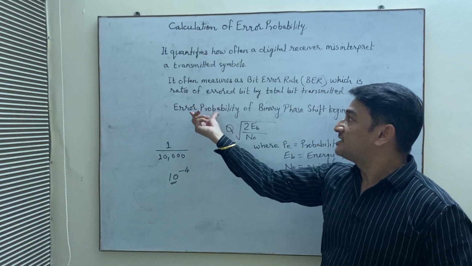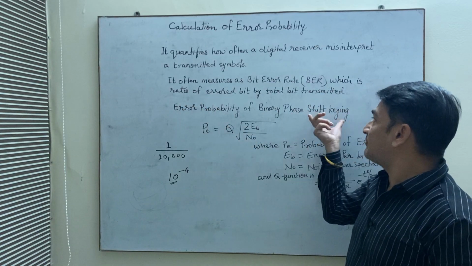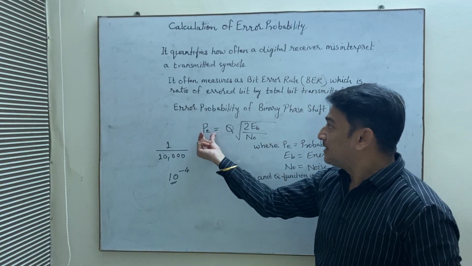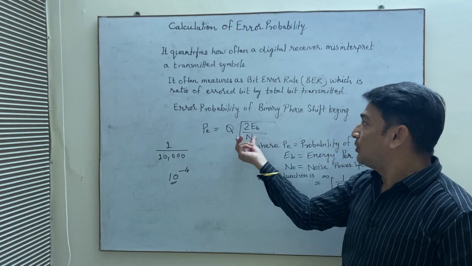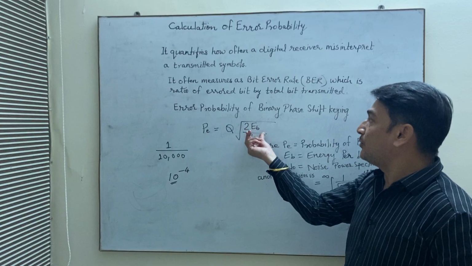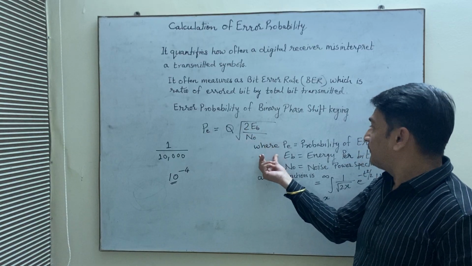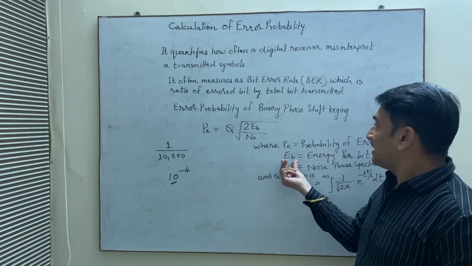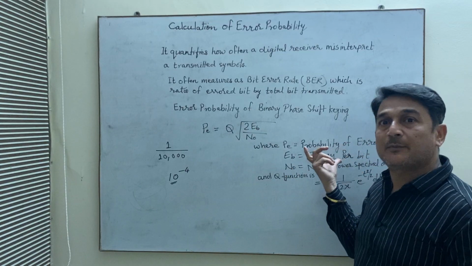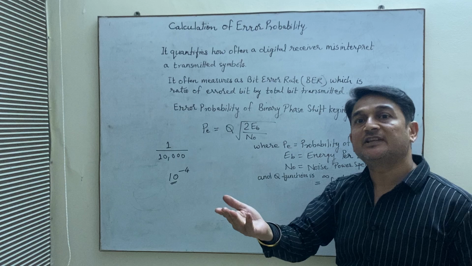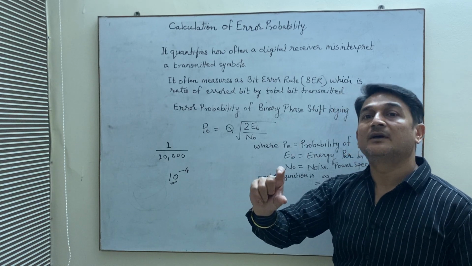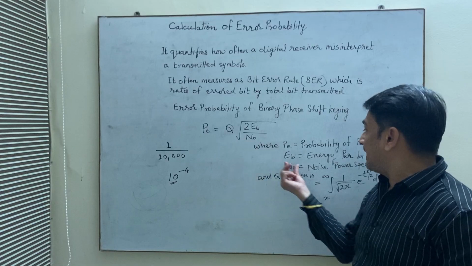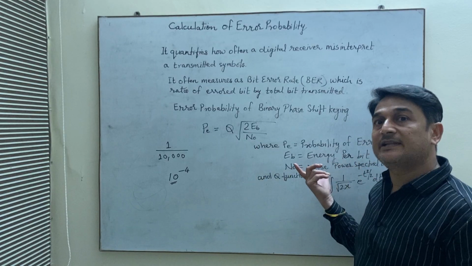Now we will see the error probability of binary phase shift keying, that is the BPSK signal. PE is equal to Q of root over 2 Eb upon N naught, where PE is the probability of error, Eb is the energy per bit, that is how much energy one bit contains, and N naught is the noise power spectral density.